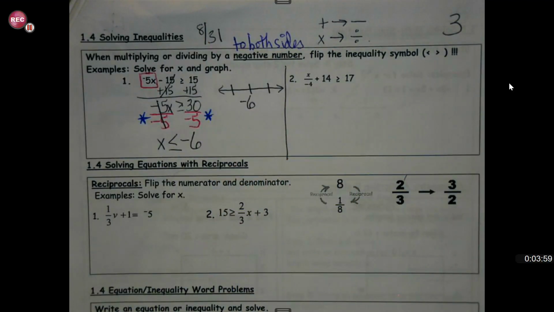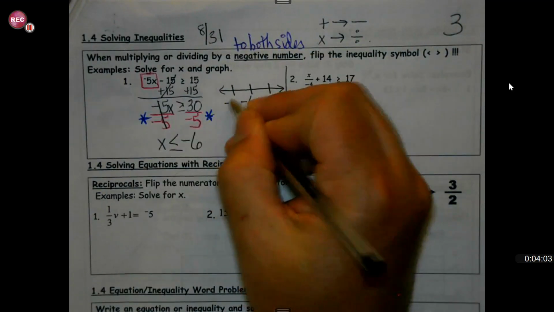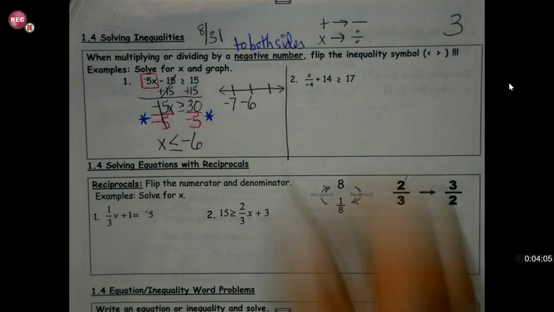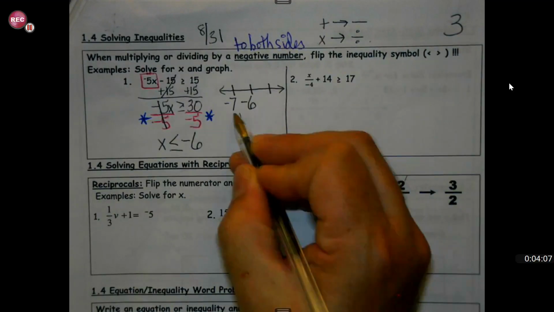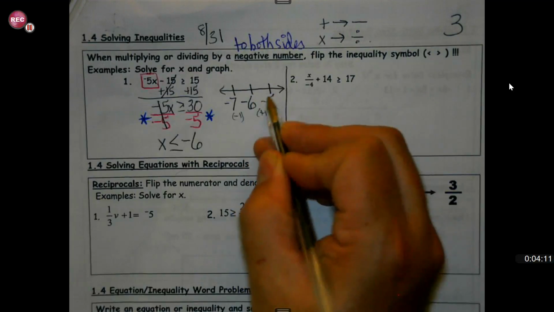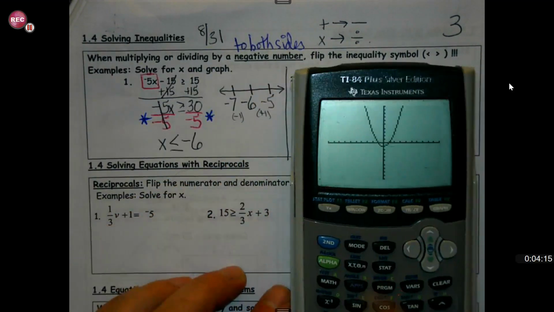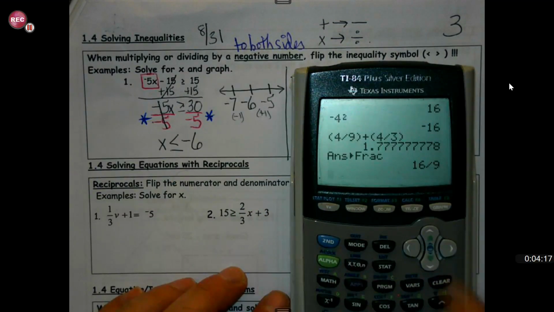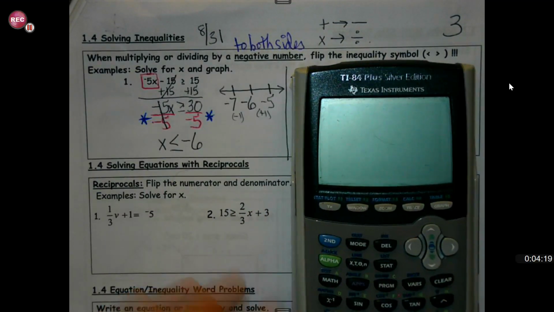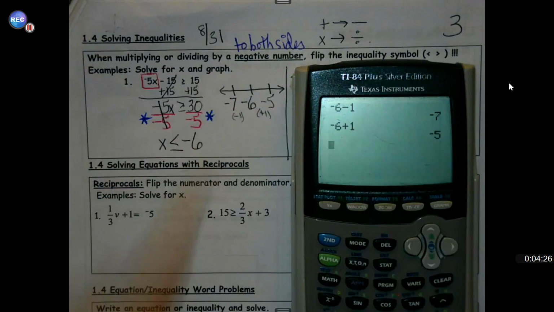Then to get your other 2 points, you minus 1 to the left, and you plus 1 to the right. And if you're not sure what that would be, you have a calculator, -6 minus 1. Use it. -6 plus 1. There's nothing wrong with doing that.